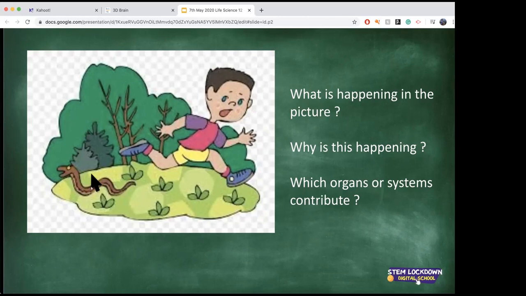I'm waiting for at least 2 more answers. Aha, the optic nerve sends impulses to the brain, and the brain sends impulses to the legs to run. Well done.